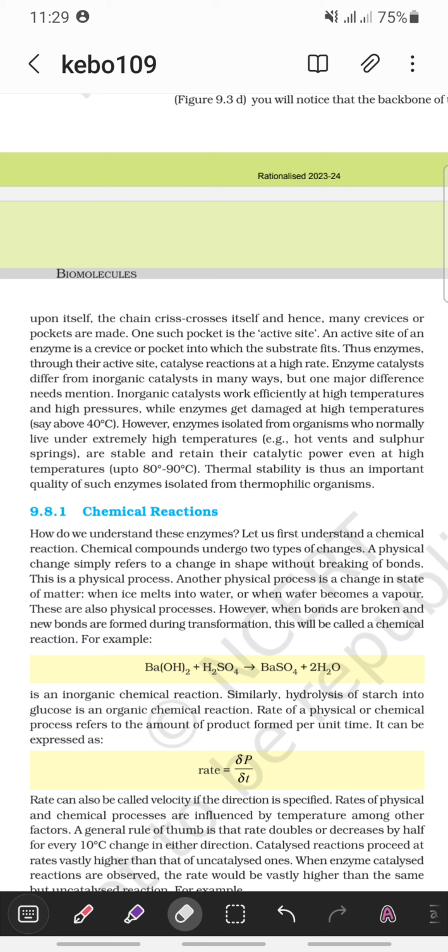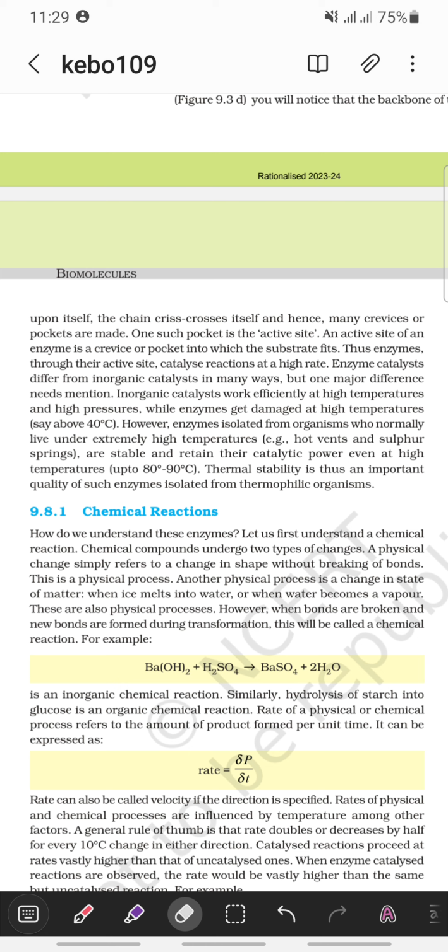Enzyme catalysts differ from inorganic catalysts in many ways, but one major difference needs mention. Inorganic catalysts work efficiently at high temperature and high pressure, while enzymes get damaged at high temperature, say above 40 degrees Celsius.